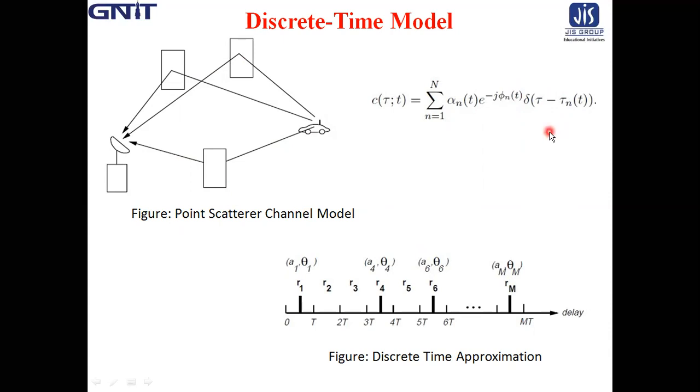Now, the subpaths are basically restricted to lie in one of the M time intervals, which is shown here in this model. This is the discrete time approximation model.